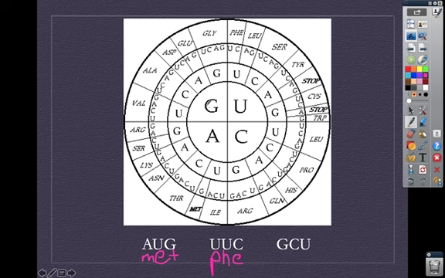So we go GCU, reading from the inside out. So GCU, that codes for ALA. And I would write that down. So those are our 3 amino acids that are coded for by those mRNA codons. And again, you can use whichever chart you prefer.